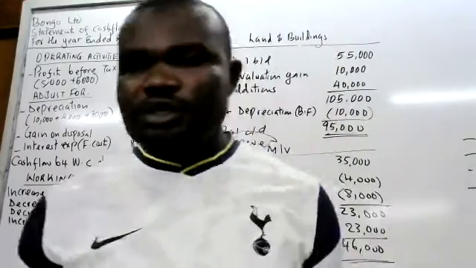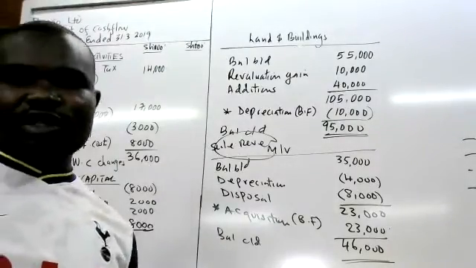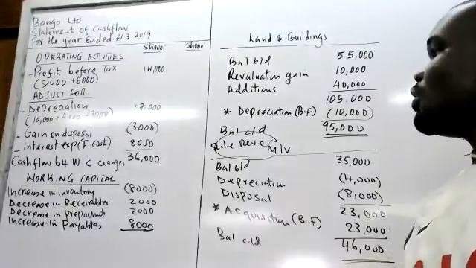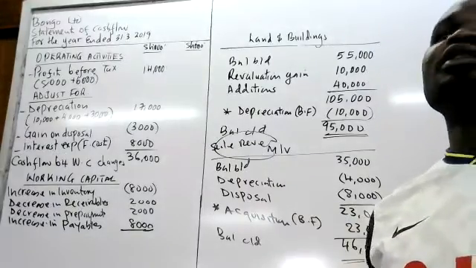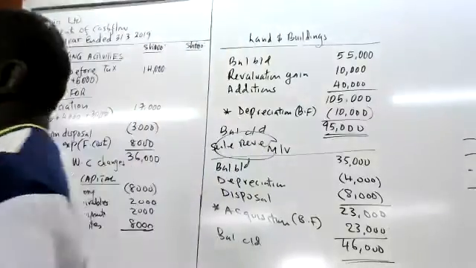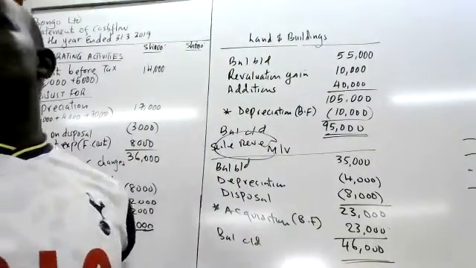So Aaron, what is the issue? Creditors, payables, increase or decrease? So that is it. Those are cash and cash equivalents.